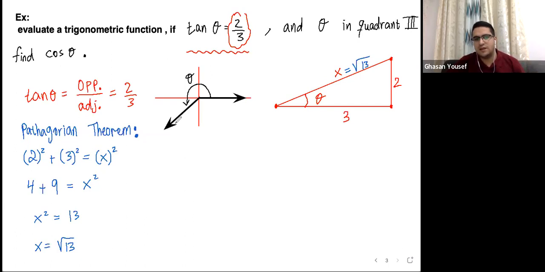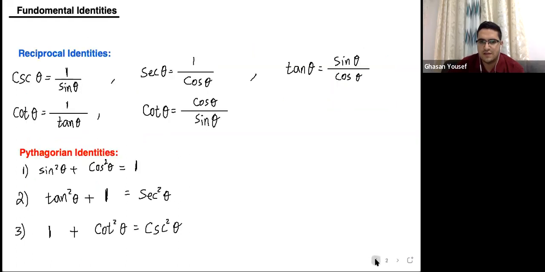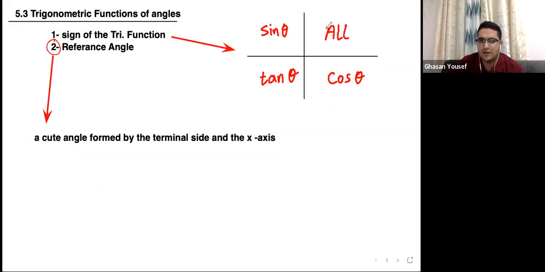In quadrant 3, the sign for the cosine function is, as we know here, all, sine, tan, cosine. The only one that is positive here is the tan function. So what's the sign of the cosine function in the third quadrant? Is it positive or negative?